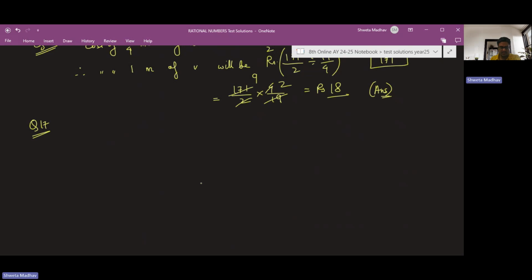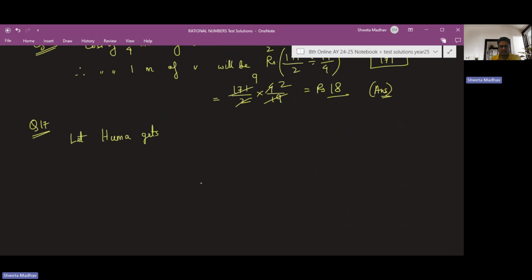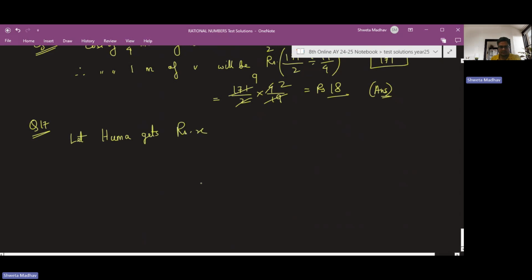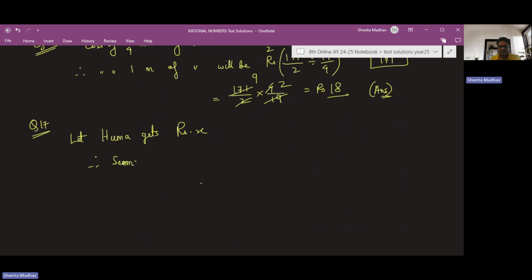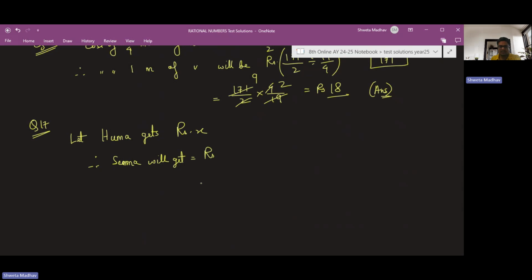How much money do the three sisters get individually? So let Uma get rupees X. Uma gets rupees X. So therefore Seema will get how much? It is told that Seema will get half of what Uma gets. So Seema will get rupees X by 2, since half of that.